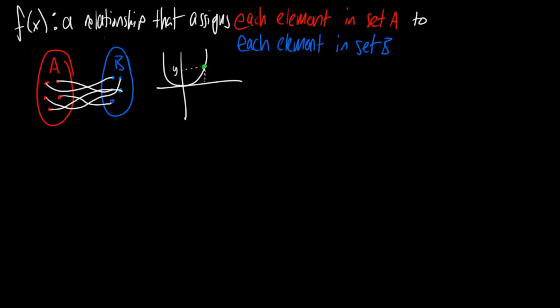So y, x, 1. And that is what makes a graph. That is what makes f of x. And this can be called f of x. Let's rewrite that. F of x. There we go. And that is what f of x is.